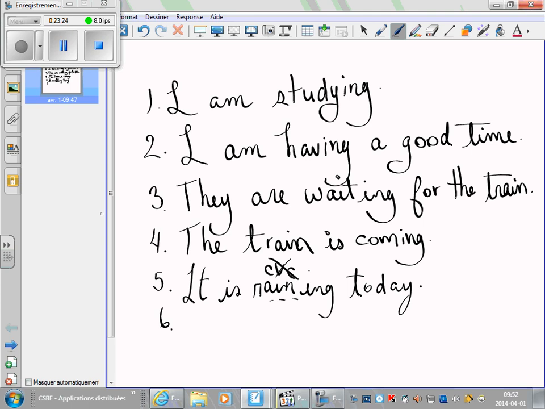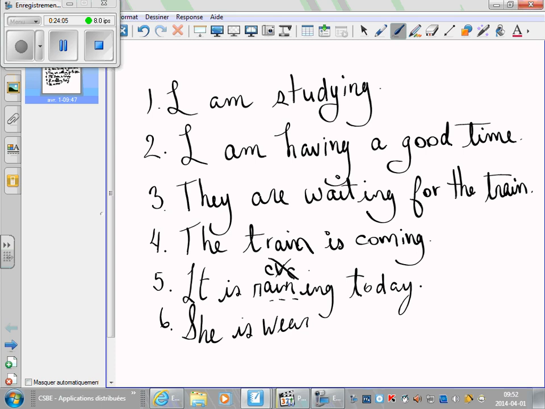Number 6. I'm going to let you finish writing the sentence. It is raining today. Number 6. I want to ask you, Tony, to do this one. She wear earrings. She is, or she are, or she am? She is. The verb to wear, how do you switch it? Wearing, yes. So wearing.